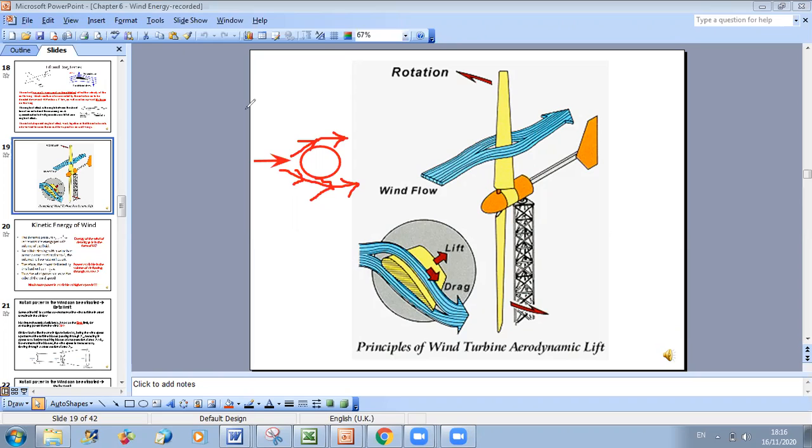This action force of the fluid on the body can be divided into two components.